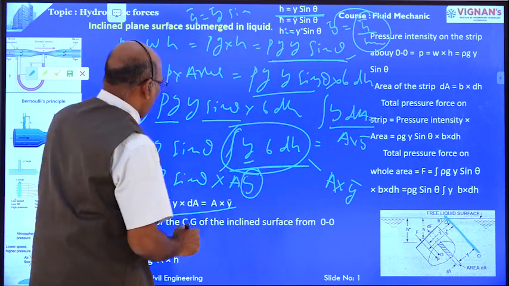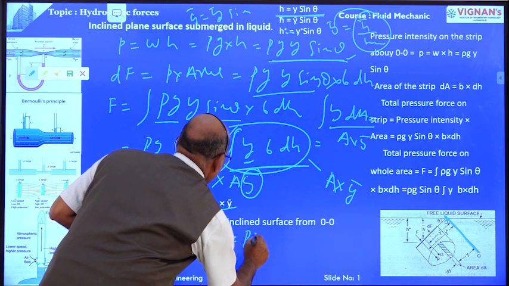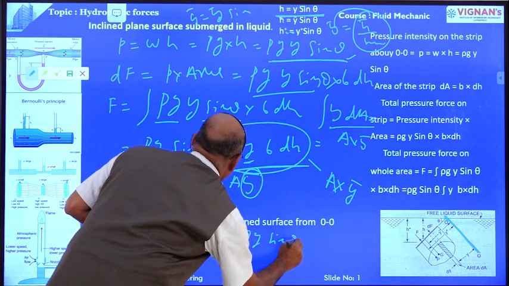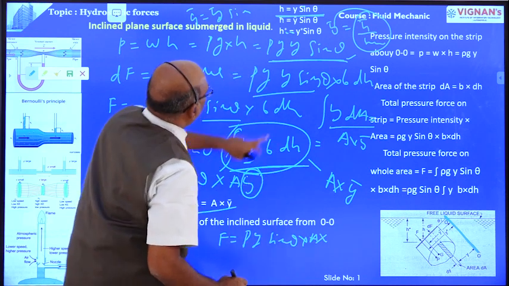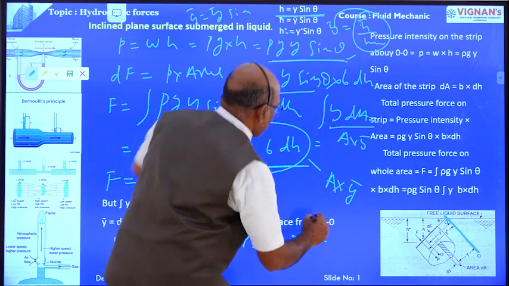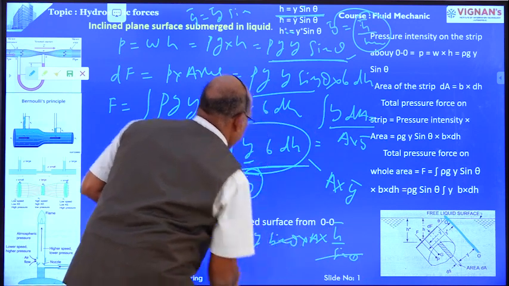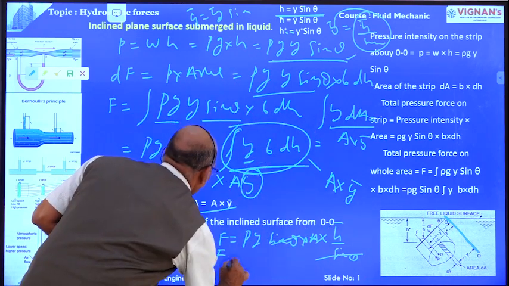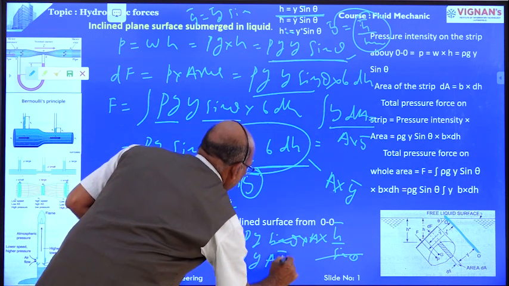In place of y bar, h bar divided by sin theta. F is equal to rho g sin theta into A, in place of y bar we are going to take h bar by sin theta. Sin theta gets cancelled. Therefore, force F is equal to rho g A h bar.